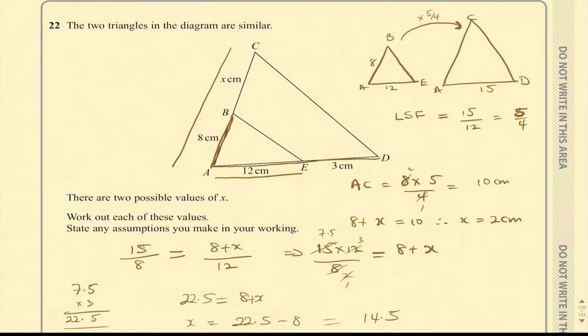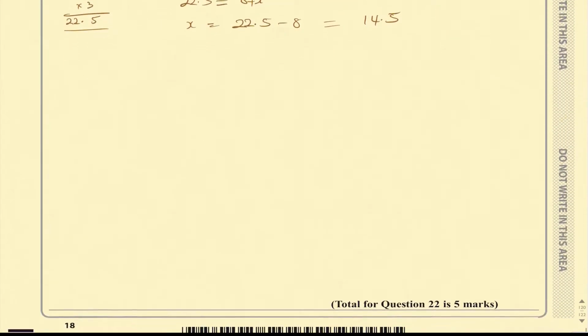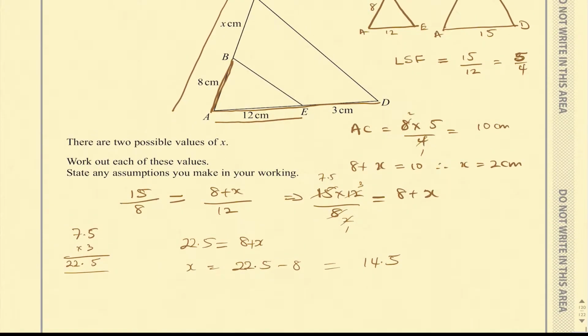So the answer would be 14.5 for x centimeters. So the two values are x equals 2 centimeters or x equals 14.5 centimeters.